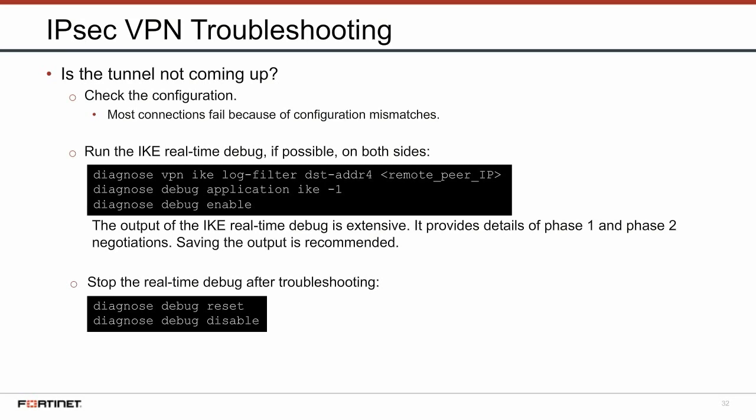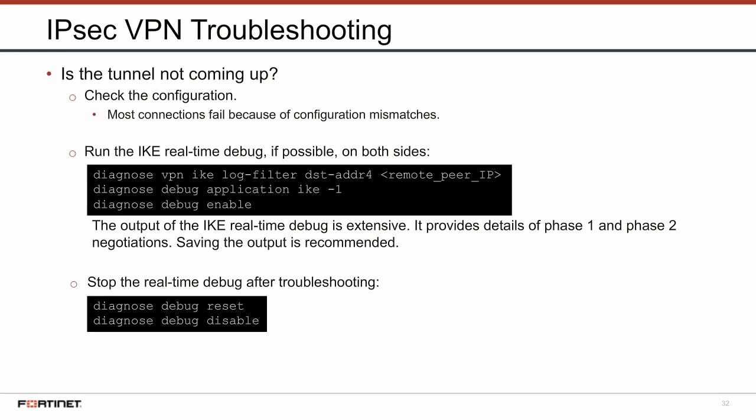To enable and use IKE real-time debug, 1. Create a filter using the following command: diagnose vpn ike log-filter dst-addr4 followed by the IPsec peer's public IP address. 2. Enable the debug using the following commands: diagnose debug application ike -1, diagnose debug enable. 3.